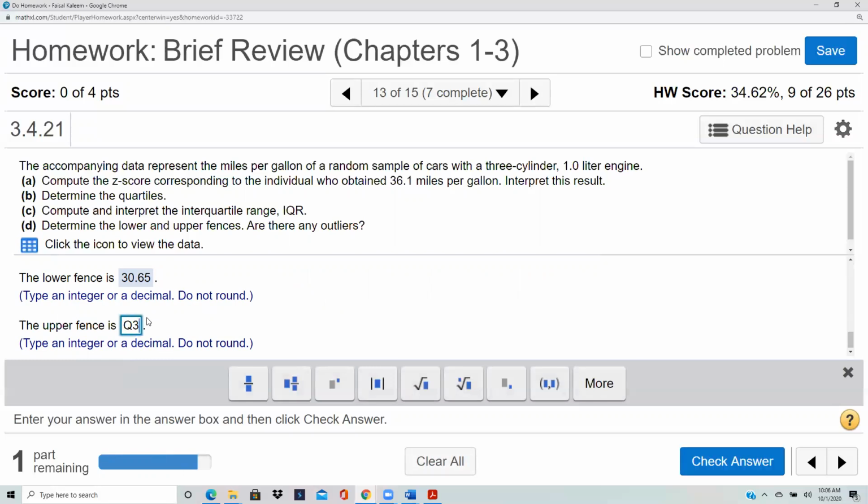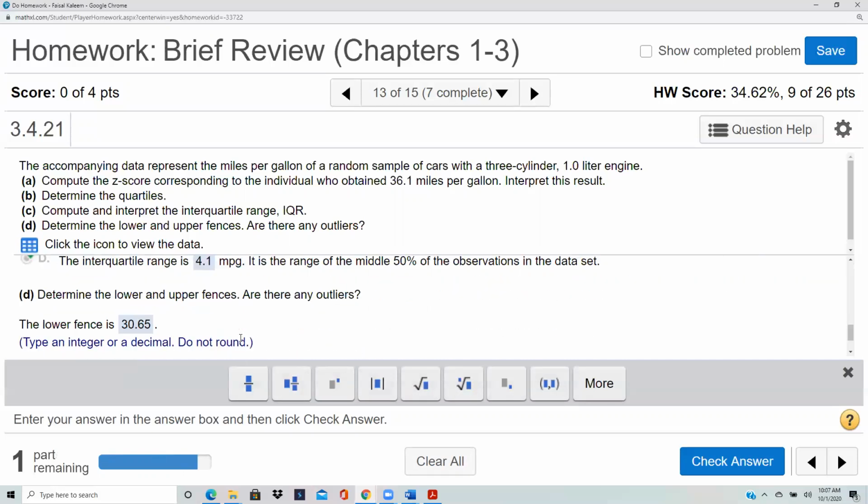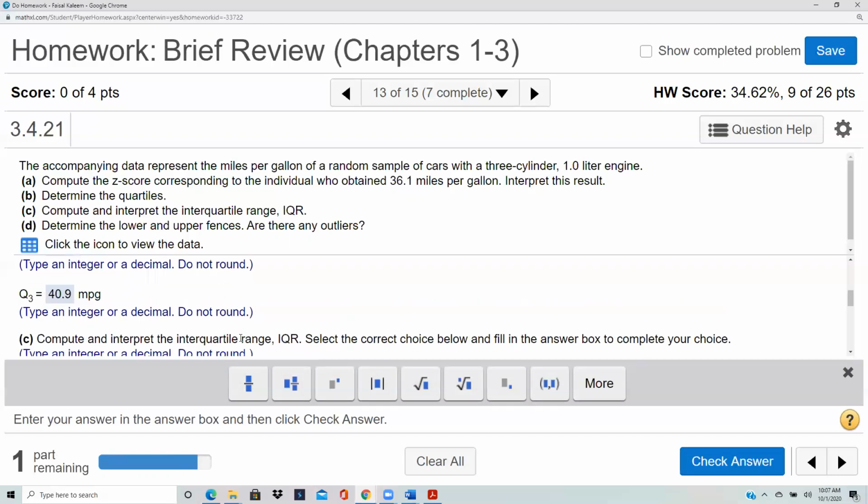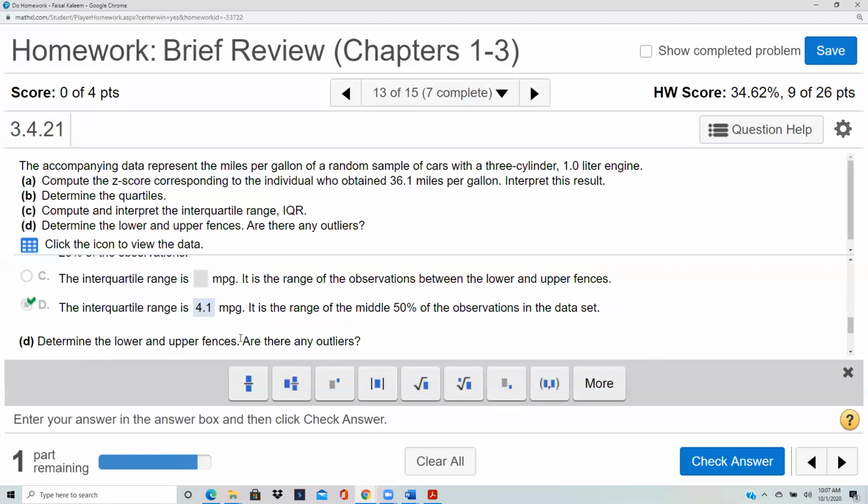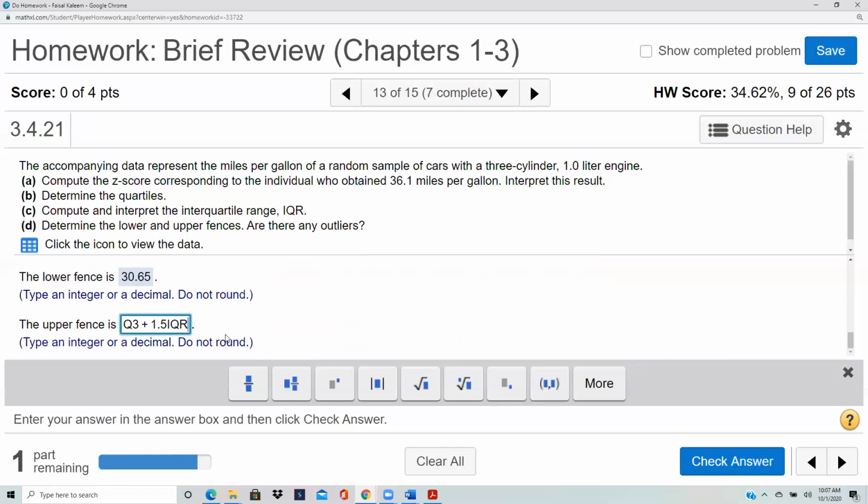Q3 plus 1.5 times the interquartile range. Okay. So what do I get? Q3 is 40.9. So 47.05.